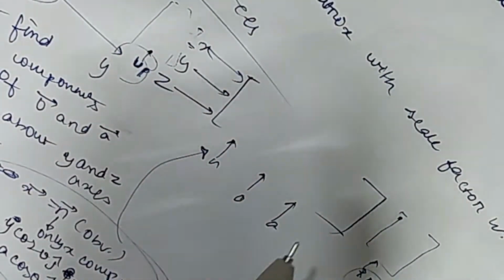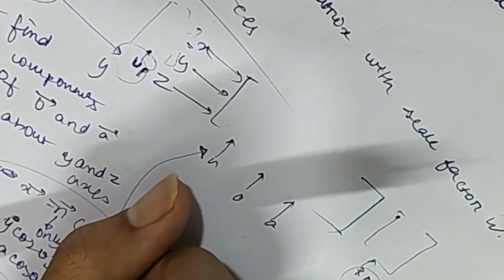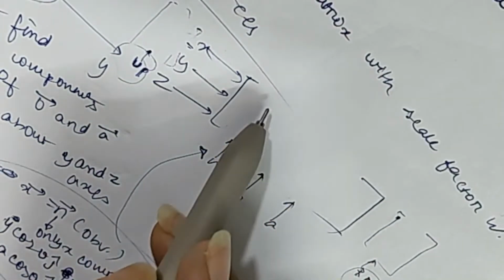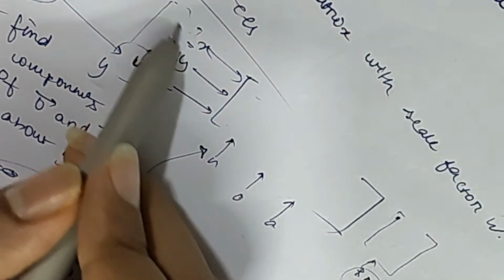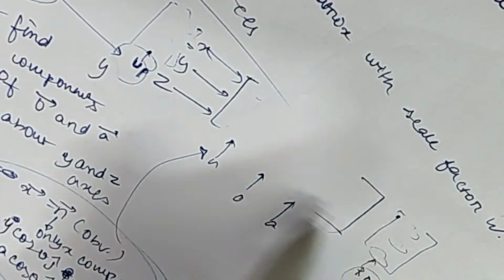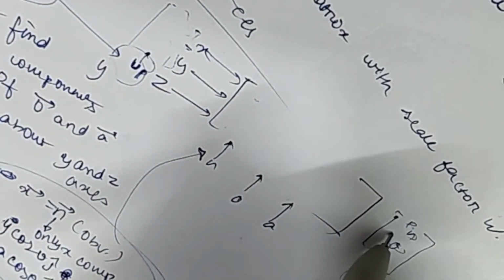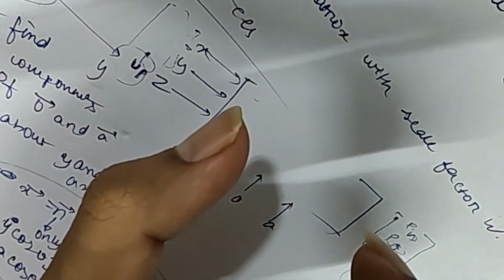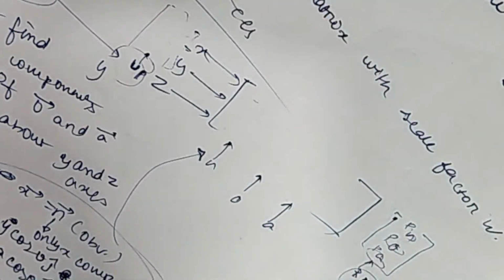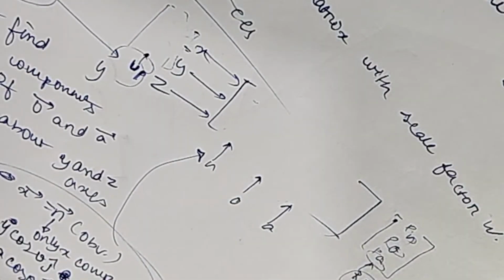So essentially, this is an x, this is a y, this is a z, this is an n, this is an o, this is an a. Take this to this.